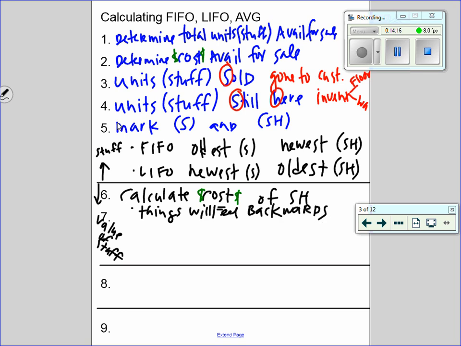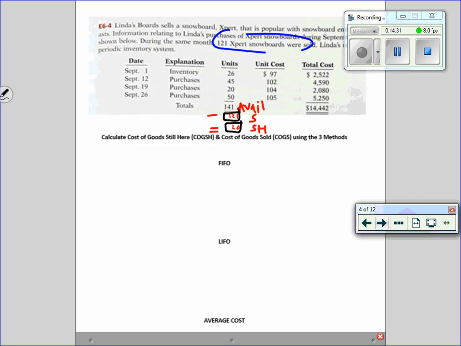And I've had students even the day of a test be like, FIFO's the old stuff. Why do I start with the new stuff? Because it feels backwards. We got to figure out what's still here to gather what the cost of what's gone. So let's do number 6. This is where we're actually having to crank out some numbers. We're only going to focus on FIFO this morning.